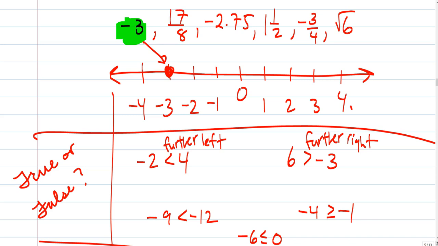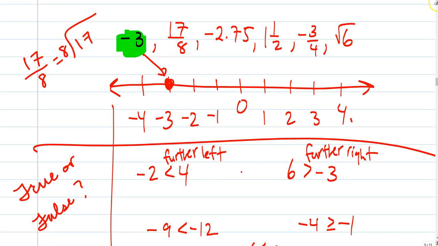What do you need to be able to do? Well, take 17/8 and divide it. This basically says 17 divided by 8. I don't need the exact decimal. I just need to know how many times does 8 go into 17? Well, 2. I could do a decimal and a 0. 8 into 10, 1.